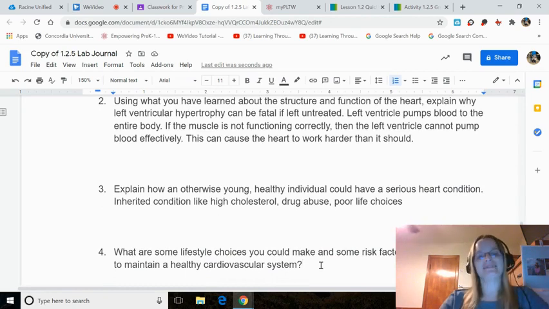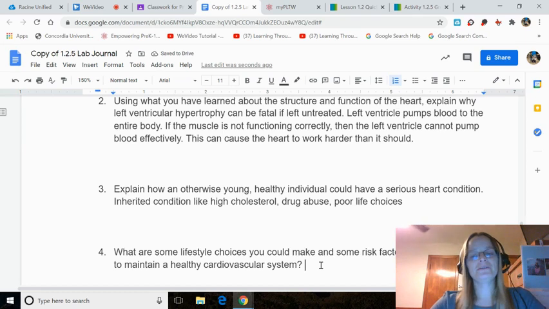All right, some lifestyle choices you could make, and some risk factors to avoid to maintain a healthy cardiovascular system. Well, thing number one is probably the first thing a doctor will say to you if you ask: exercise. That is a good lifestyle choice.